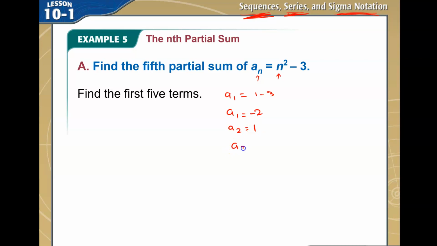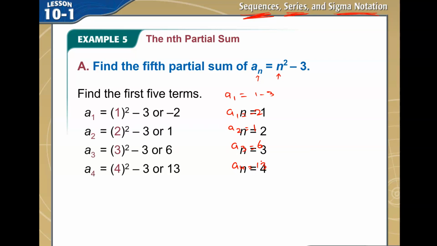Now what is a3? 3 squared is 9, 9 minus 3 is 6. And now a4. 4 squared is 16, 16 minus 3 is going to be 13. So the first 5 terms are right here. Sorry, I forgot about the 13, and then 22.